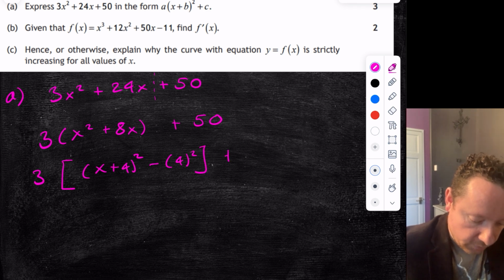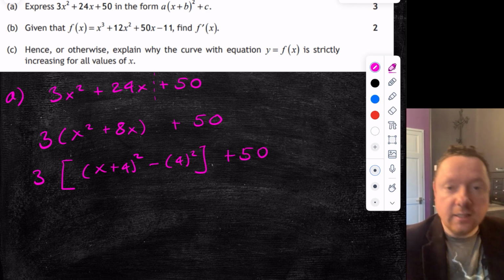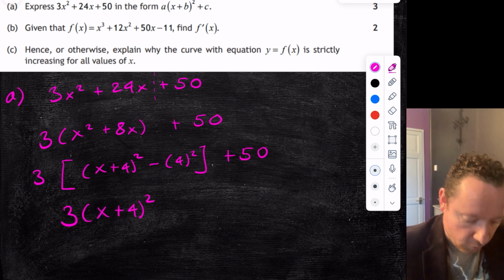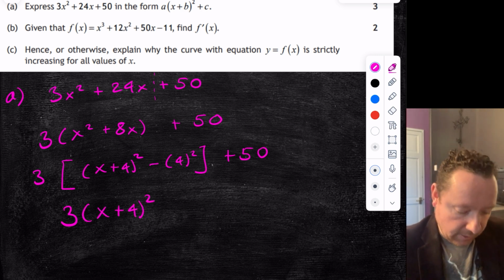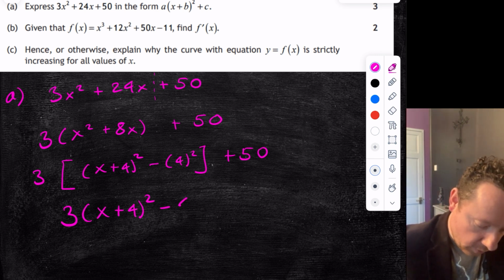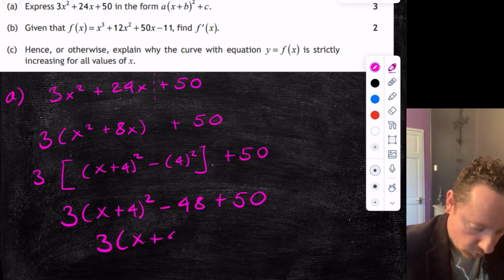And we've still got plus 50 on the end. So then just expanding the brackets, that's 3 times (x plus 4) squared. Now 4 fours are 16, 16 times 3 is 48, so it's minus 48 plus 50. So that's 3(x plus 4) squared, minus 48 plus 50 is plus 2.